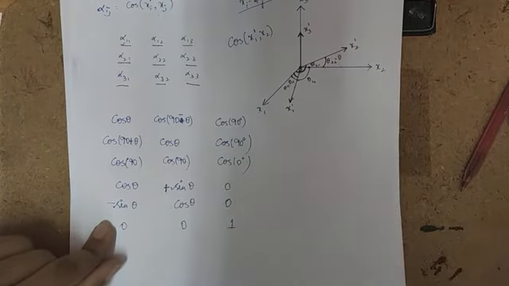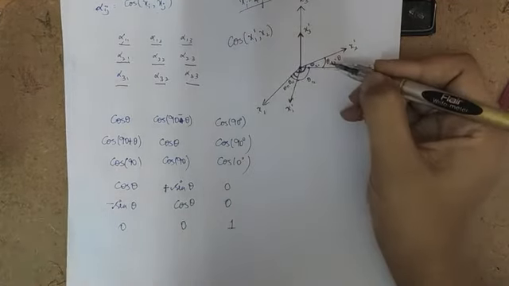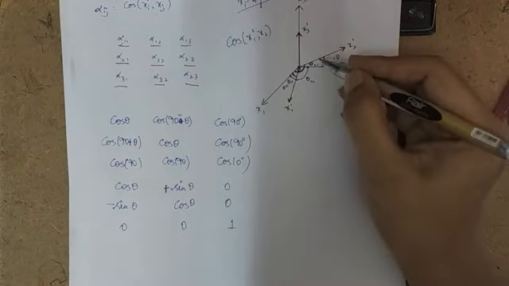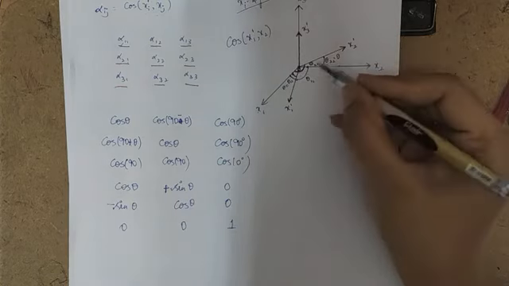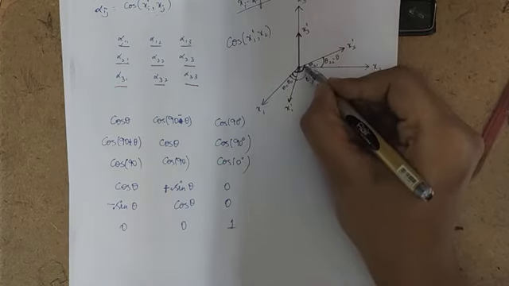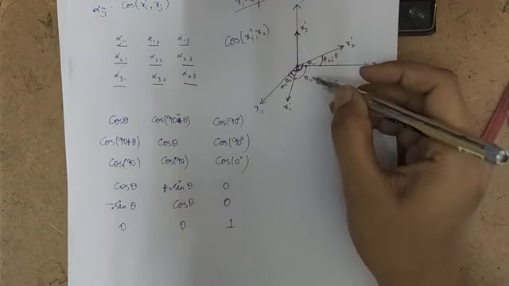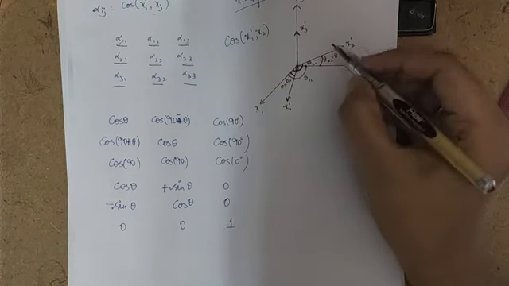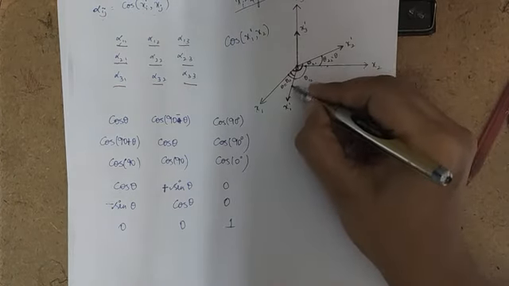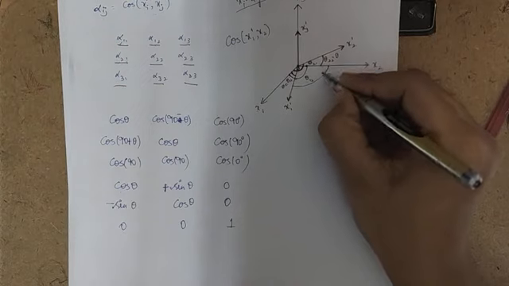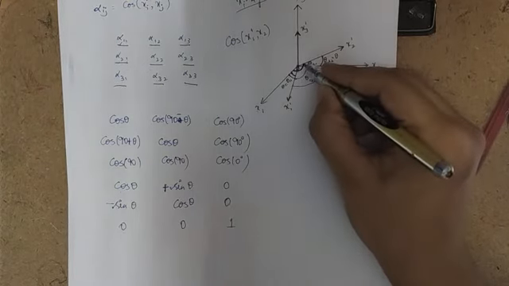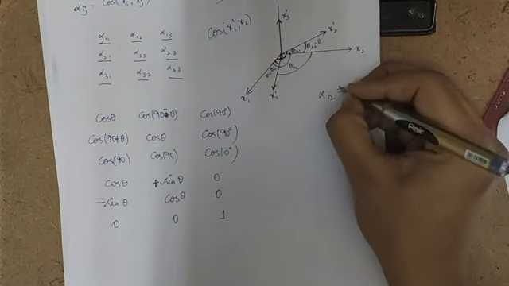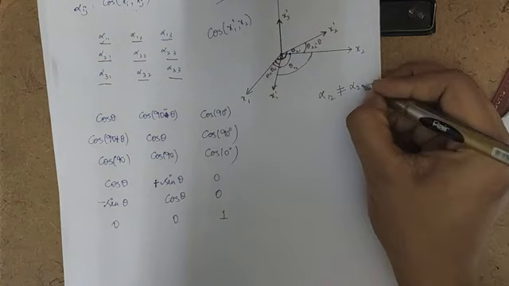Okay, small correction. One more thing you should note down here is that the angle between x1 and x2 prime will not be equal to the angle between x2 and x1 prime. That is, this is x2 and x1 prime. This angle will not be equal to this angle. It means that the value of alpha 1 2 will not be equal to the value of alpha 2 1.